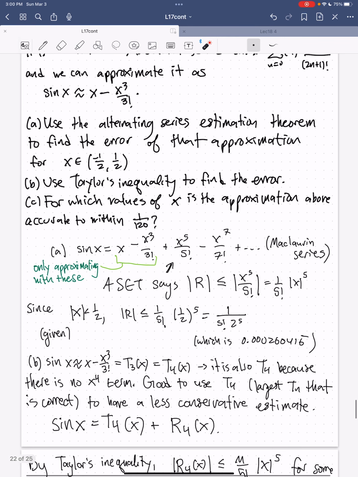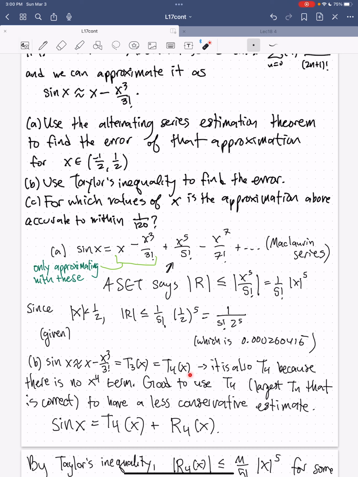If you want to use Taylor's inequality to find the error, what we do is we need to say what Taylor polynomial our approximation corresponds to. Now, because the highest power of x in this is 3, we can call it T3x, but because the Taylor series for sine x doesn't have any even powers of x, T3x is actually the same as T4x, because there's no x to the 4 term.